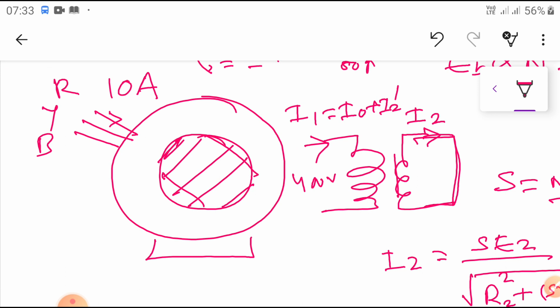Let us take 5 times, so it will draw 50 amperes. This huge current may affect the motor windings, and at the same time it will affect the nearby lines connected to other applications.